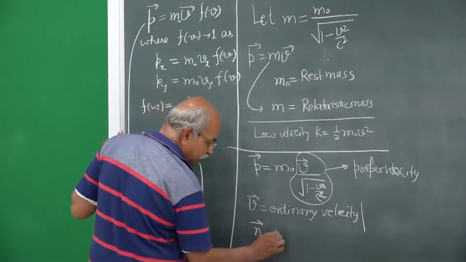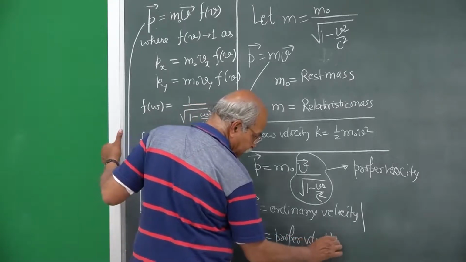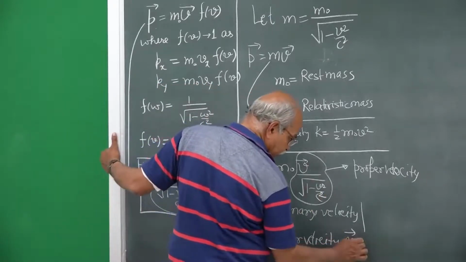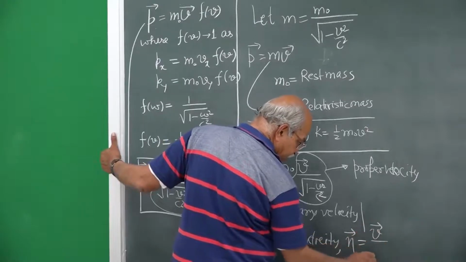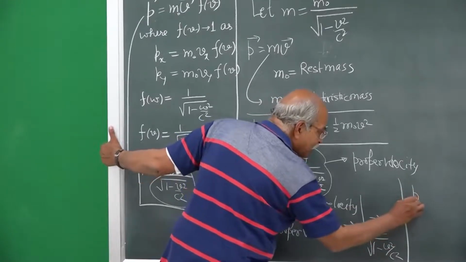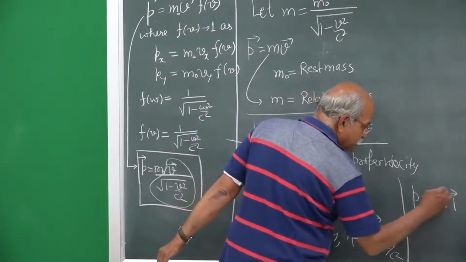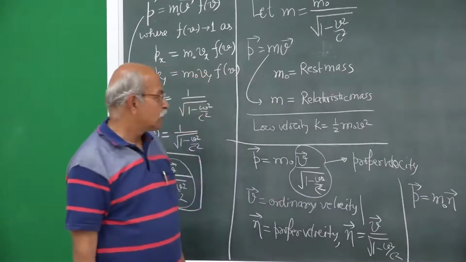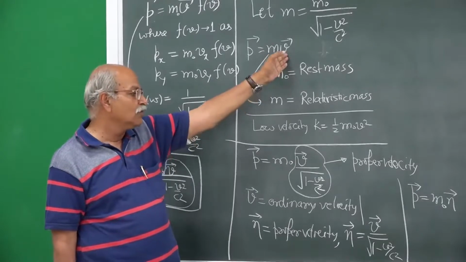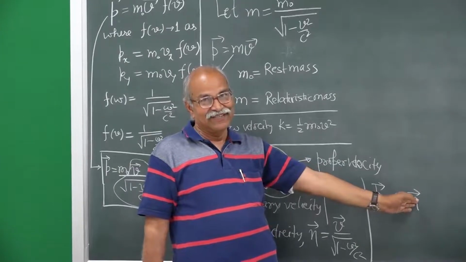This is proper velocity, and eta is v divided by square root of 1 minus v square by c square. Then also you can write p is equal to mass times this proper velocity. So, you can call it relativistic mass times ordinary velocity, or rest mass times proper velocity.